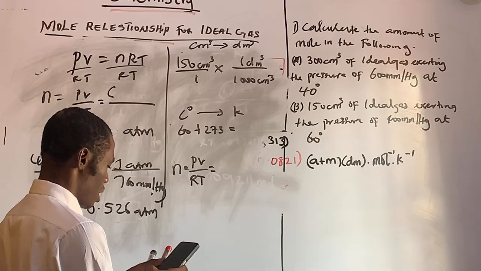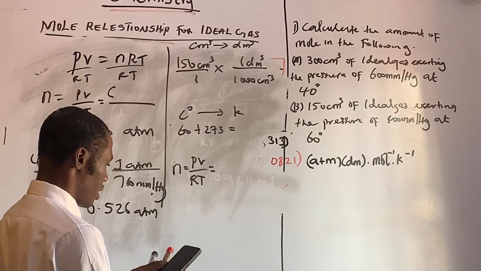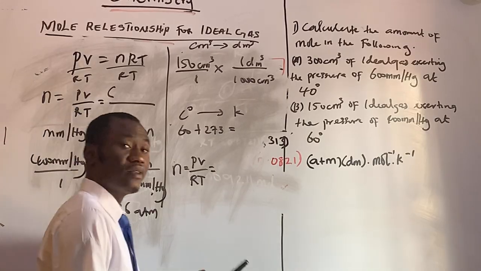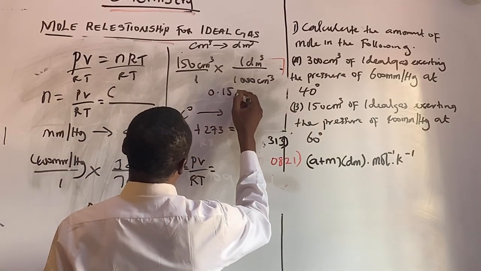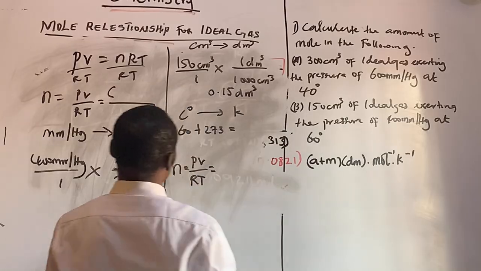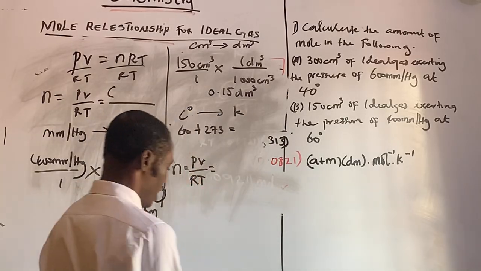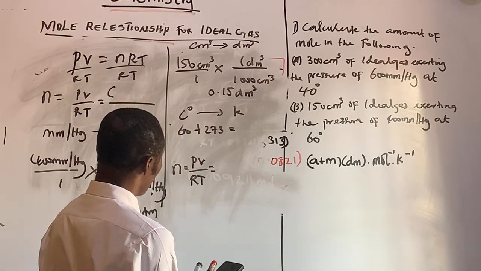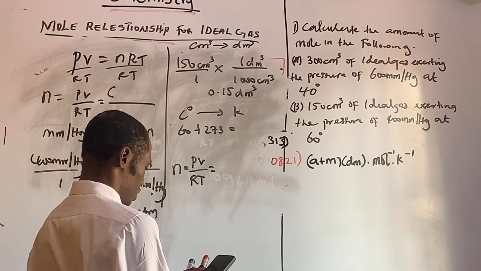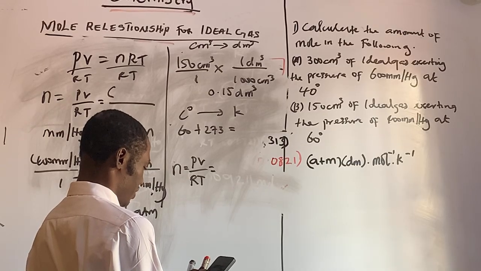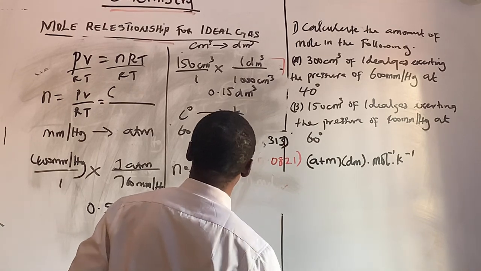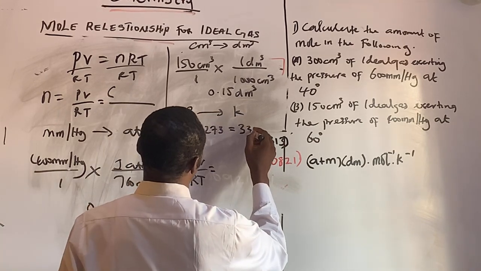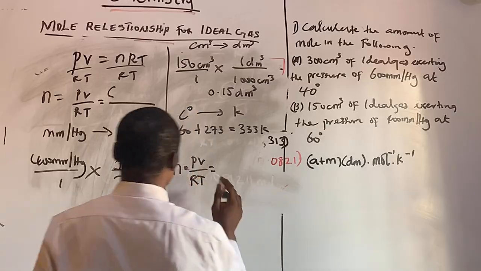The next one is 150 divided by 1000, 0.15. So that will give me 0.15 dm3. All right, of course, to convert to Kelvin, 60 plus 273. That will give me 333 Kelvin.